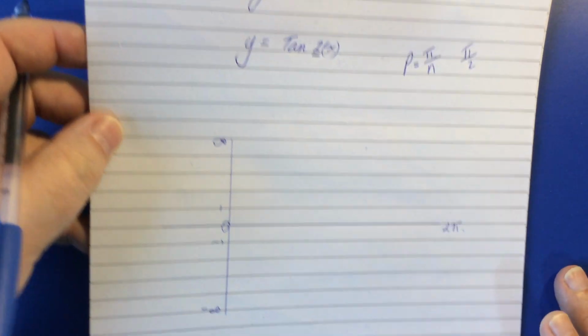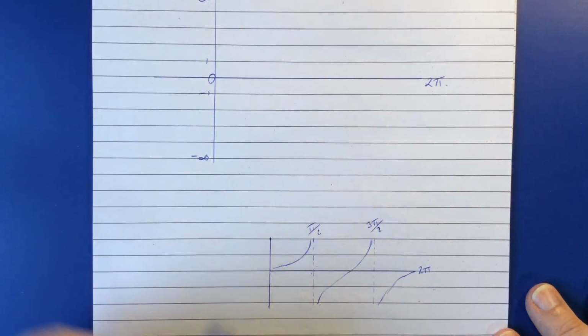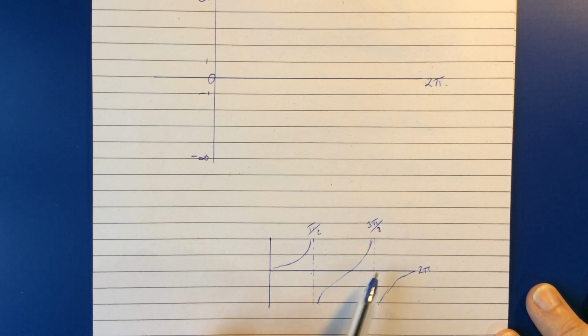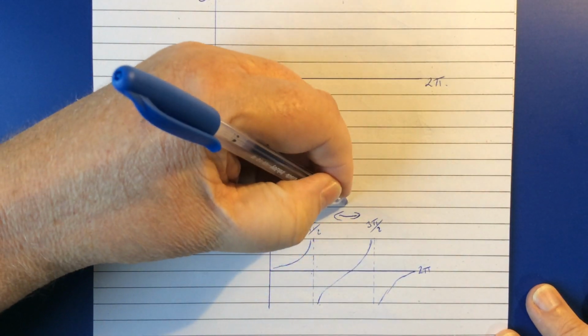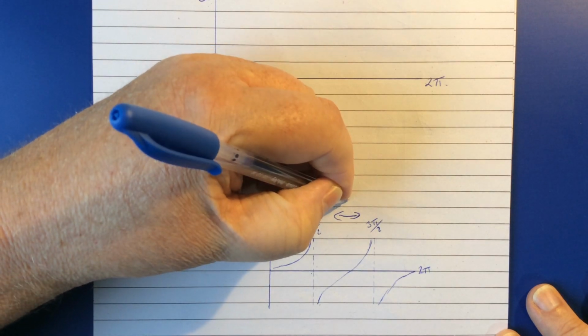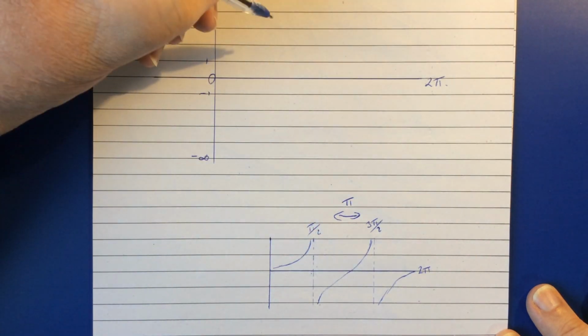Now, without making you too dizzy, if I move down the page, this is a full cycle of a tangent graph here, and the difference between pi on 2 and 3 pi on 2, this distance here between these 2 points is pi.